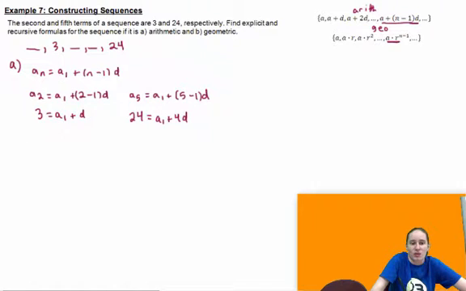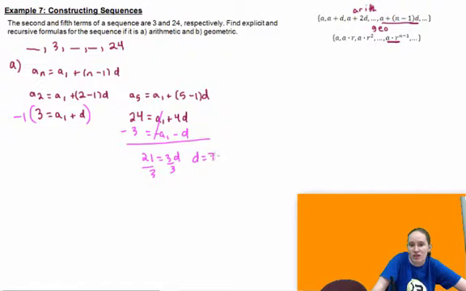Now we have a system of equations that we can solve, which may seem a little weird to you. I'm going to multiply the first equation by -1 so that I can eliminate my a's. So -3 equals -a1 minus d. That gives 21 equals 3d. Divide by 3, and you get d equals 7.